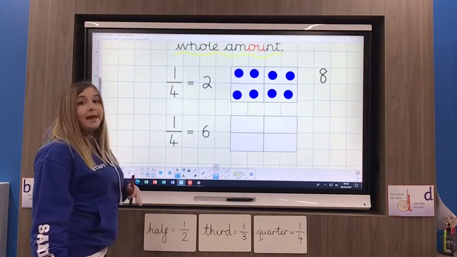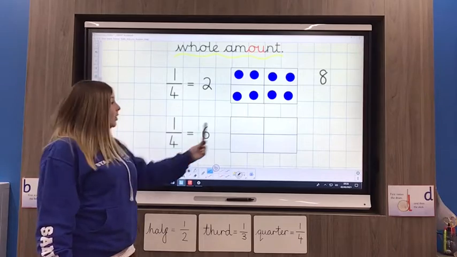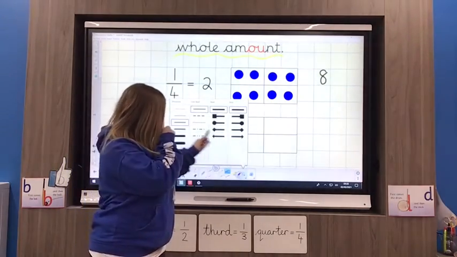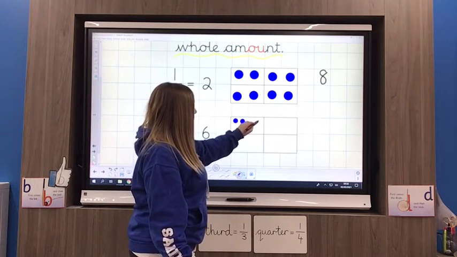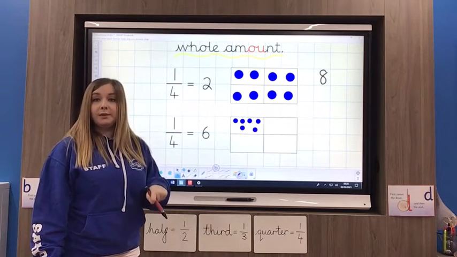Okay, so this time it says that 1/4 equals 6. So just in one box, I've got to have 6 dots. So 1, 2, 3, 4, 5, 6. Then I've got to make sure that every quarter is the same.